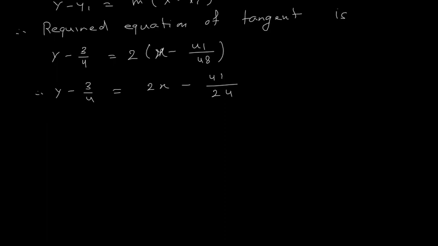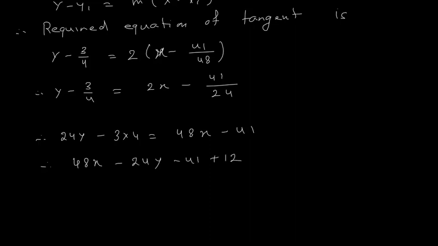So therefore we have 24y minus, 4 sixes are 24, so 3 into 4 equals 24, equals 48x minus 41. So therefore 48x minus 24y minus 41 plus 12 is equal to 0.